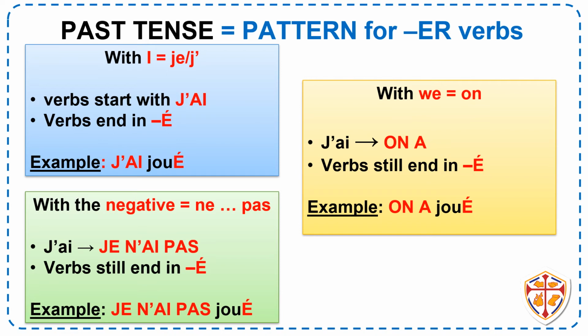So the I changes into on, the ai changes into a, and then the jouer doesn't change. So either you are working at a foundation level and you can just stick to the I, j'ai joué, or you want to make it a little bit more complex and use the negative and the on, but that's if you're working at a grade 6 or above. I hope this is clear.